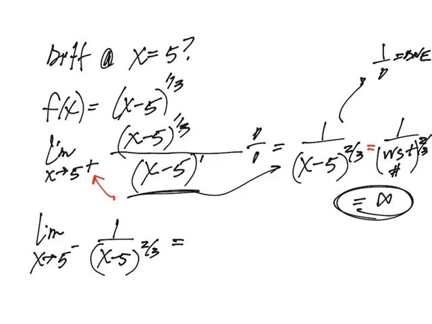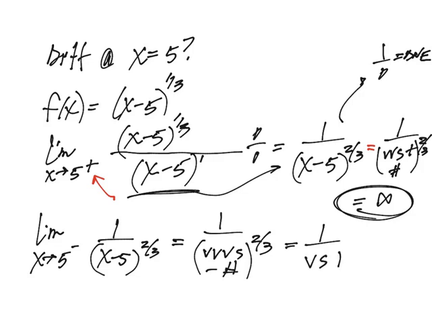But now when I plug in 4.9999 minus 5, I get 1 over a very, very small negative number. But you've got to be careful because I'm taking it to the 2/3 power. If I third root a negative, it stays negative, but when I square it, it becomes positive. So this is 1 over a very small positive number, and I'm getting, again, infinity.